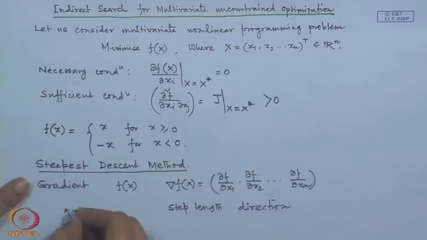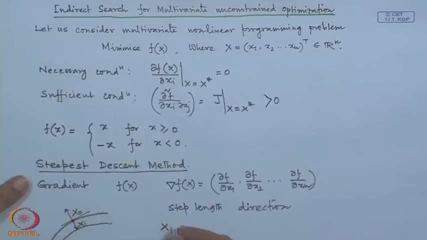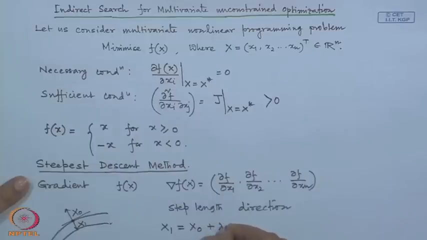We will start from a guess point, say this is x naught, and from x naught we will move to the next point, x1. What should be the point x1? x1 would be x naught plus lambda naught s naught. That means in the first iteration we consider lambda naught as the step length.